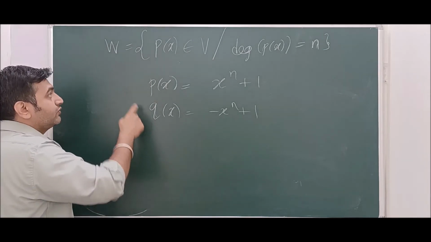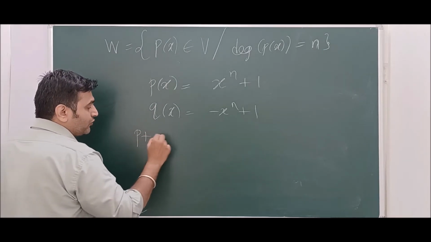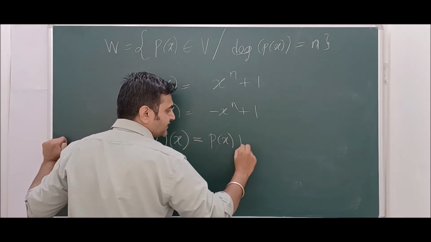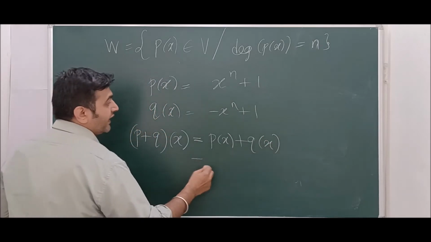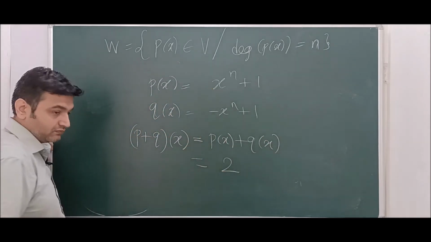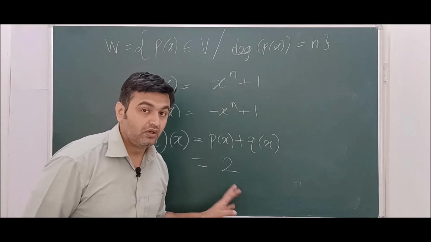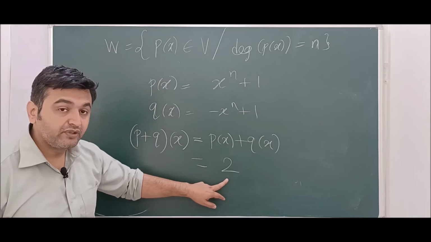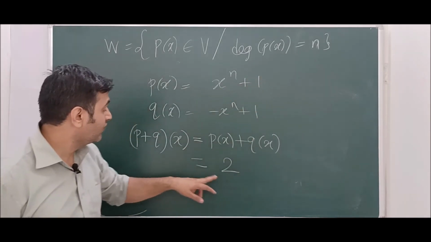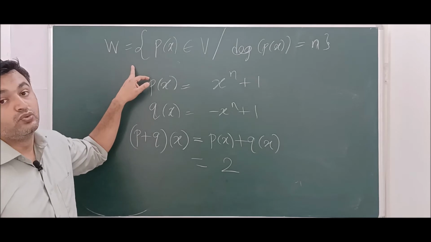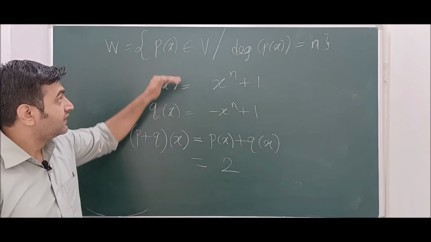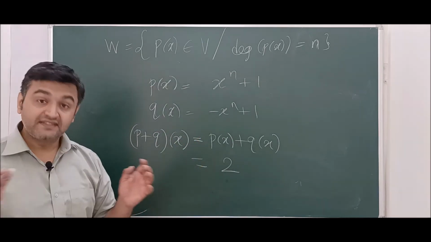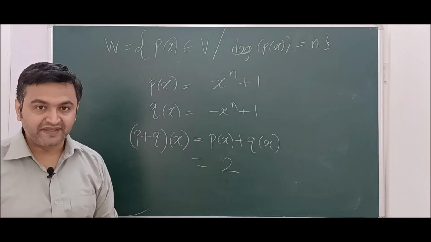So p and q are elements of W, but when I do p plus q of x, which is p of x plus q of x, you get 2, whose degree is 0. So p plus q is not a polynomial of degree n, and therefore p plus q does not belong to W. Therefore this collection where I take degree equal to n will never form a subspace. It's a subset, but it's not a subspace.